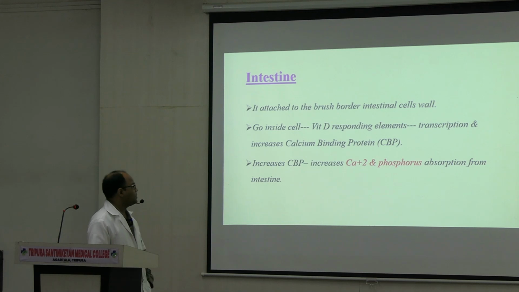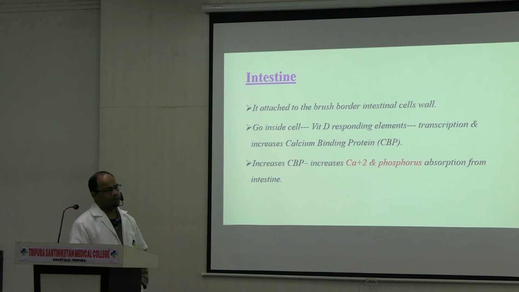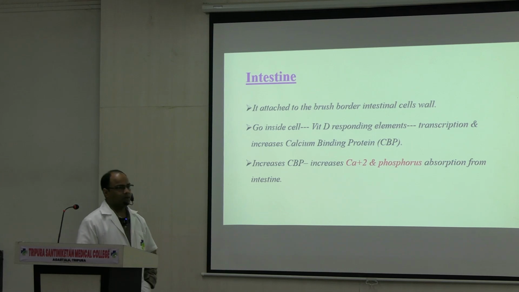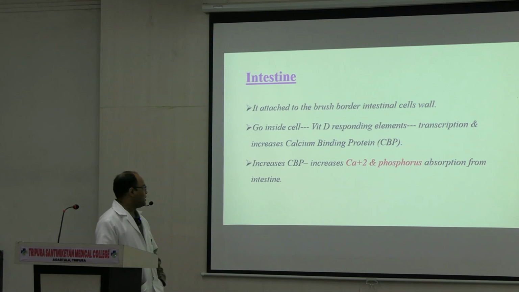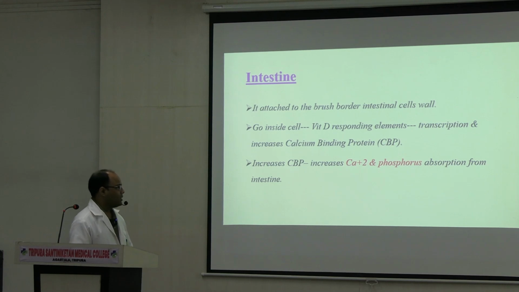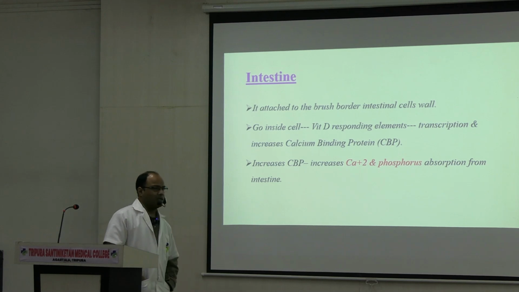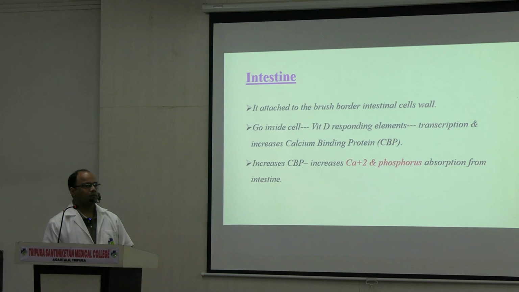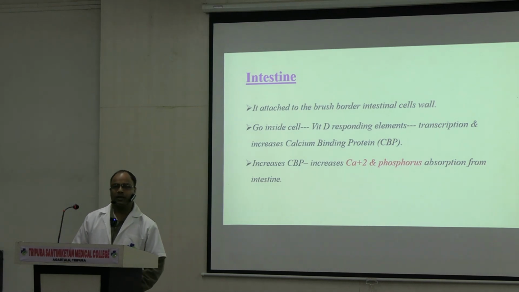As a result, transcription occurs, and this transcription causes release of messenger RNA. Messenger RNA produces calcium binding protein. This calcium binding protein increases absorption of calcium ion and phosphorus from the intestine. This is the site of action in the intestine.